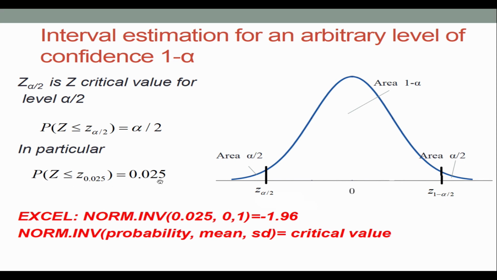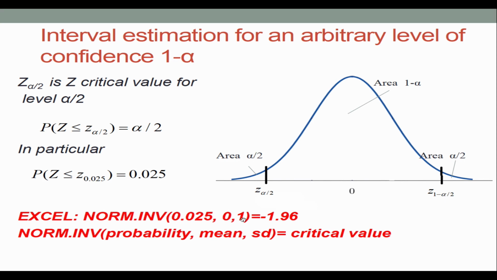So if we want to find z 0.025, we just use this function and put the probability 0.025 in the first element. The second element is the mean, because it's standard normal, the mean is 0. And the third element is the standard deviation. For standard normal, the standard deviation is 1.